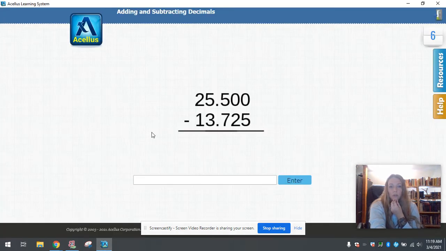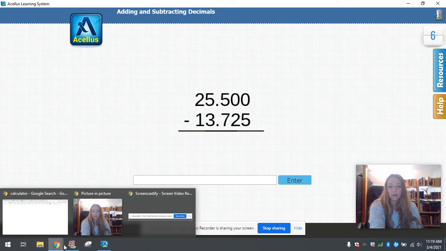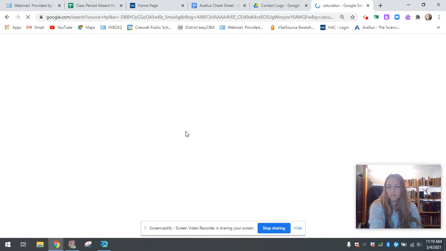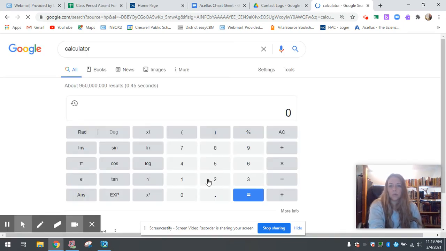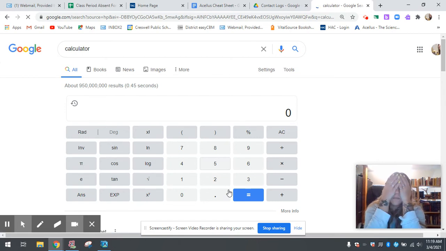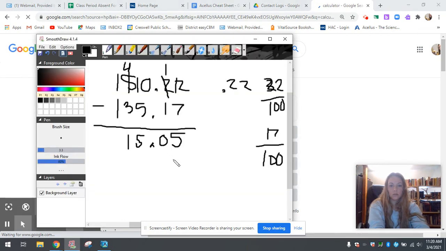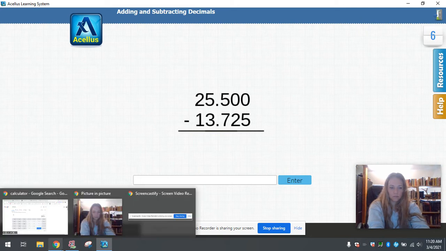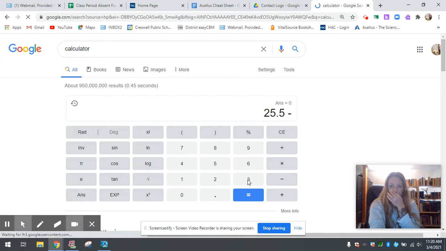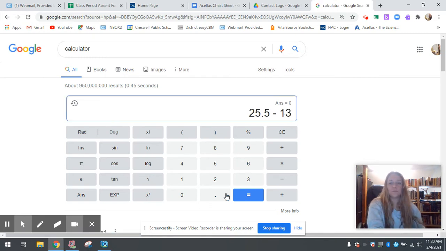And I type in 25.5000, or I can just type in 25.5, which is what I'm going to do. 25.5 minus 13.725 equals 11.775.